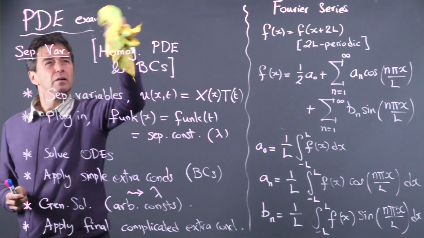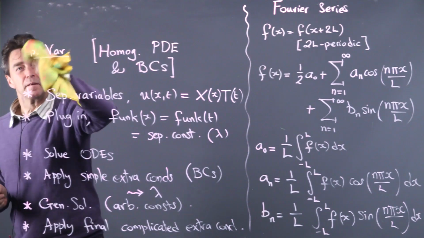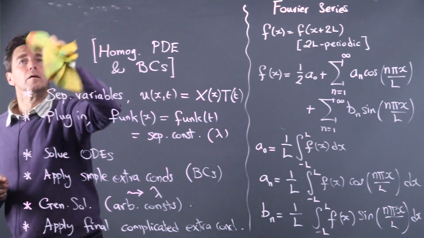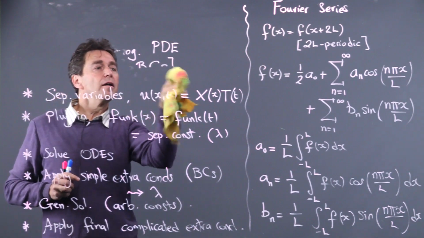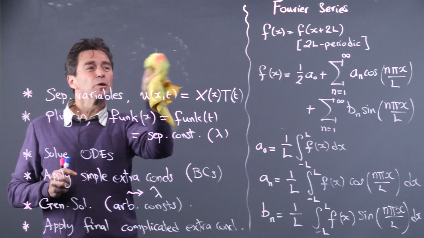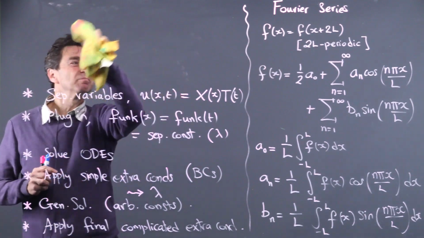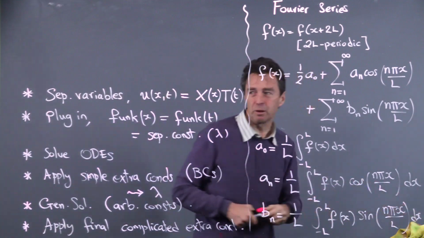So let's add on a step at the top here. And the step that I need is to first of all get what you might call the steady state solution. That solves the time-independent problem.